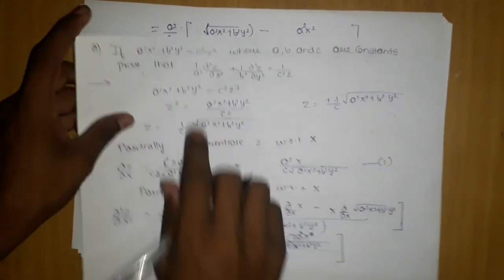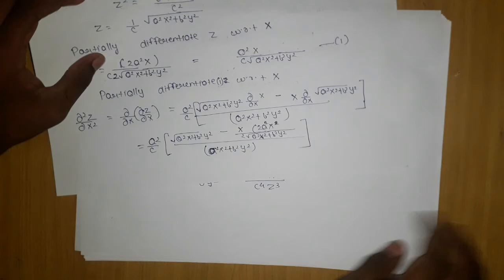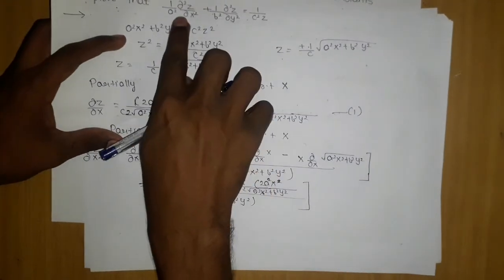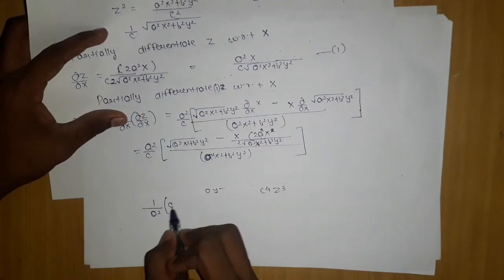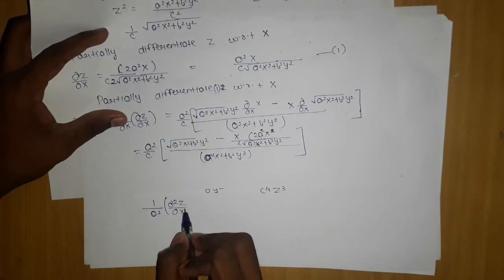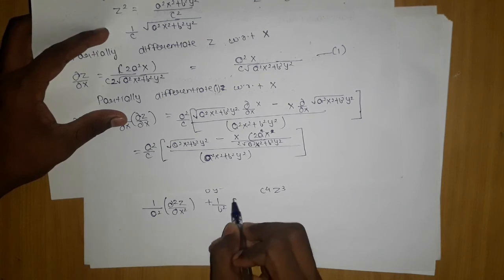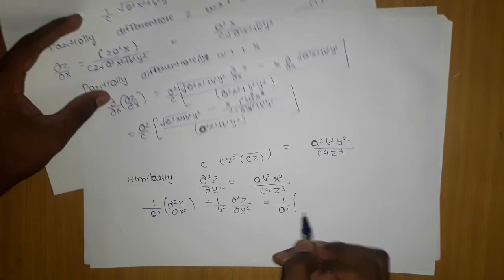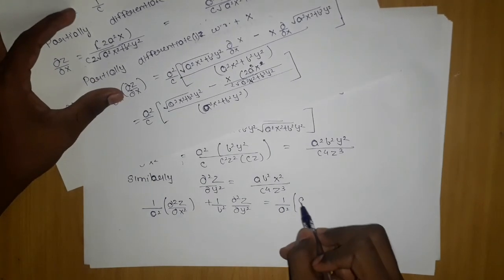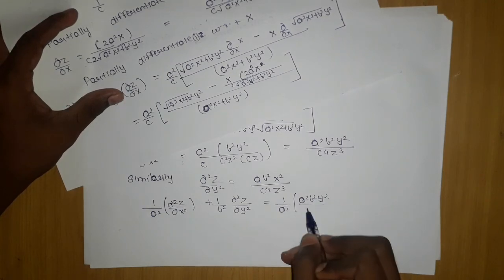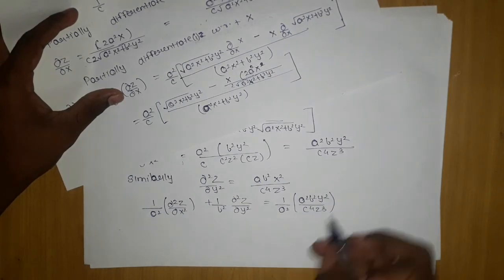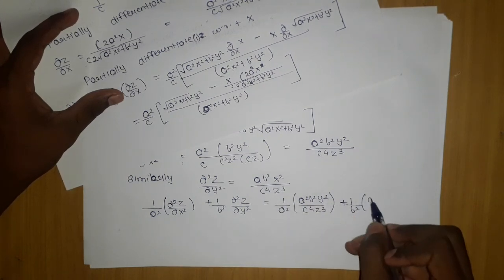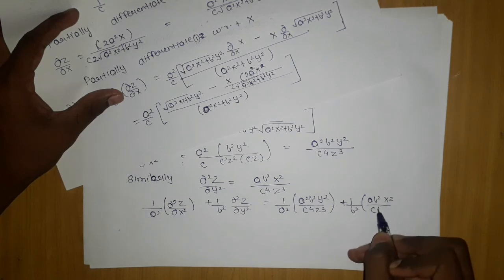Now what we wanted to prove, so 1 by a square into dou square z by dou x square, you have to write it once, equals to 1 by a square. Substitute this value, a square b square y square by c raised to 4 z cube. This will be what? A b square x square c raised to 4 z cube.